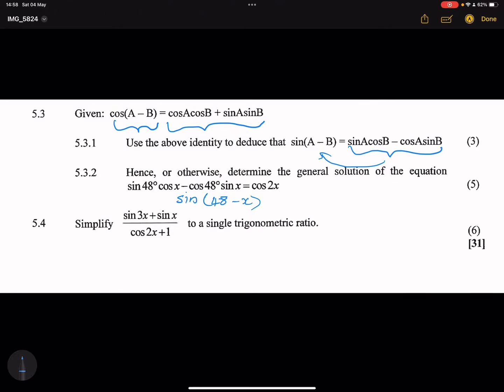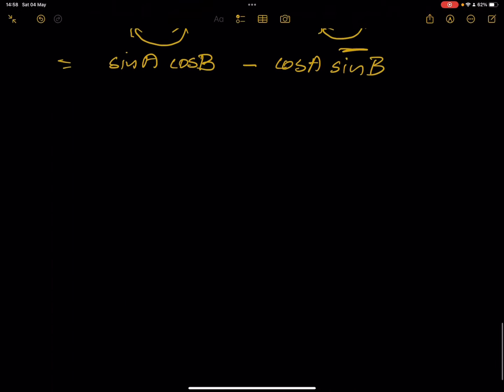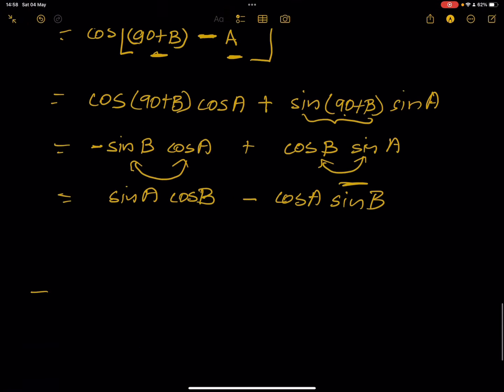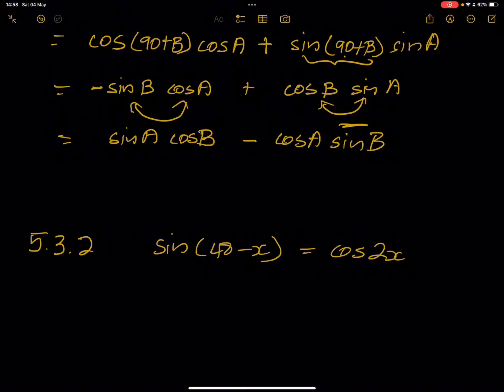So let's write that down. So sine of 48 minus x is equal to the cos of 2x, right? And we're looking for the general formula.